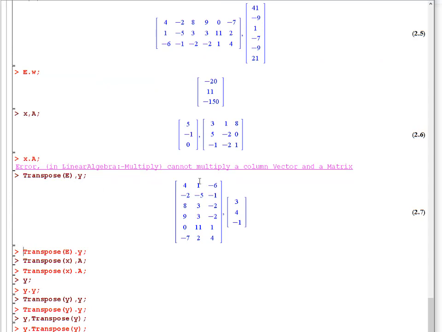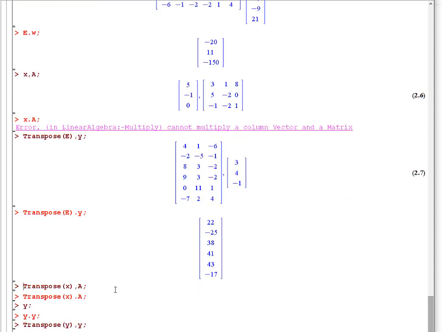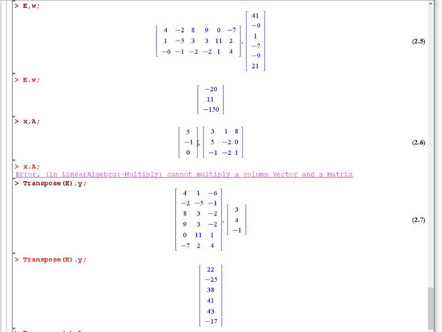That's the transpose of E and Y. So this will be possible. This is the transpose of X, transpose of X and A. Notice that here I tried to do this.